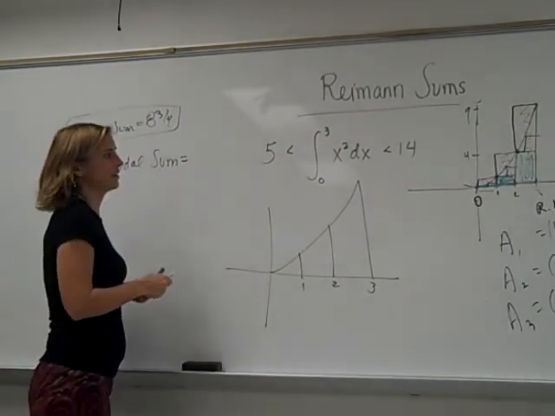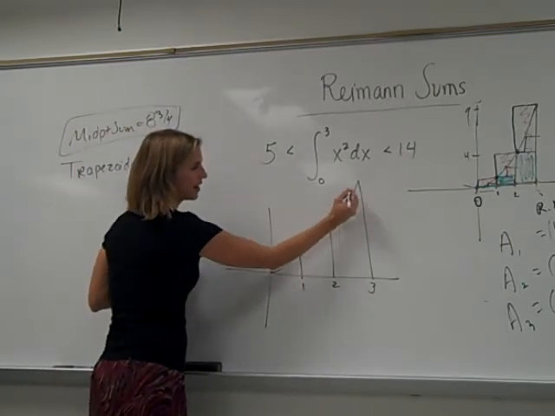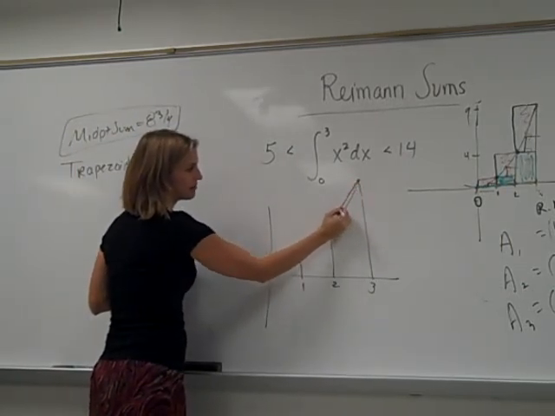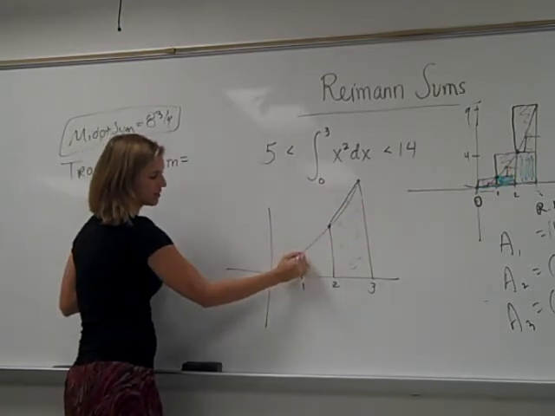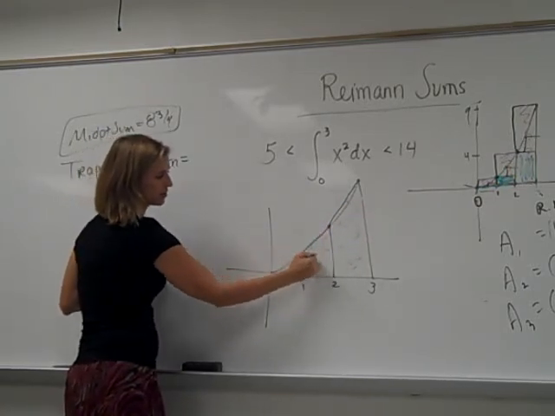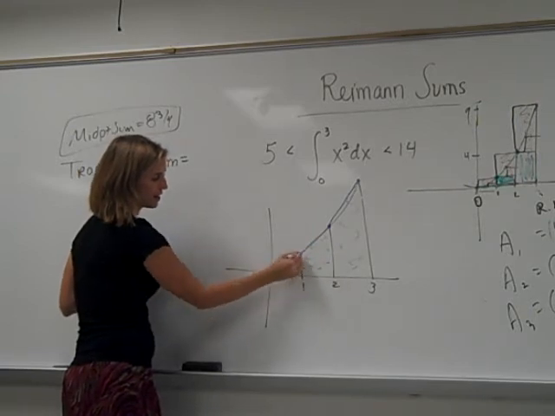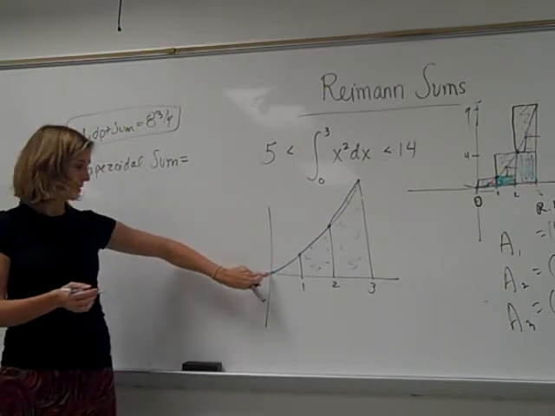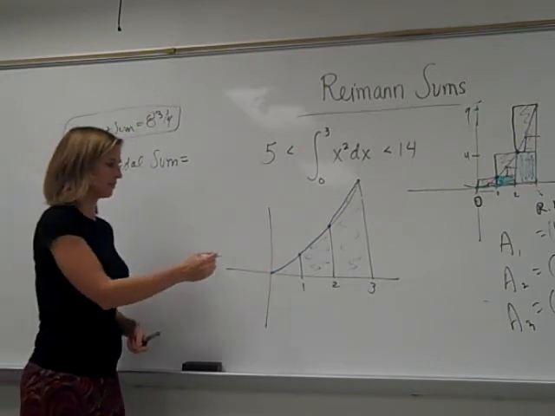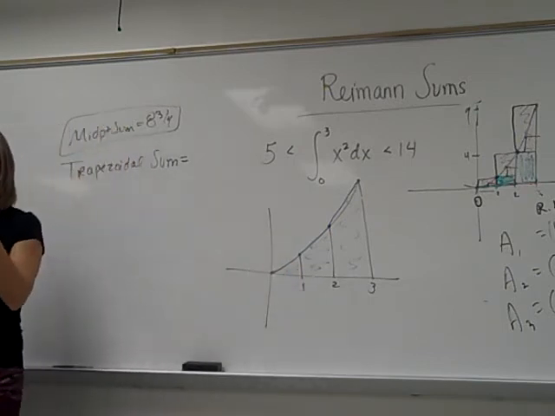And why that's helpful is you can just use this height, and I connect them, and I make a trapezoid underneath. And then I use this height, and I connect them, and make a trapezoid. And this height, I connect. In this case, it makes a triangle in the very end because this happens to come to a point, but it still would work under the trapezoidal rule.